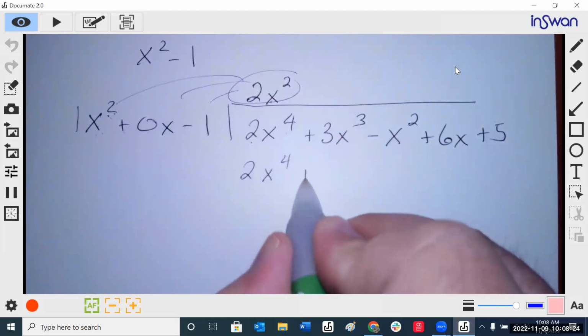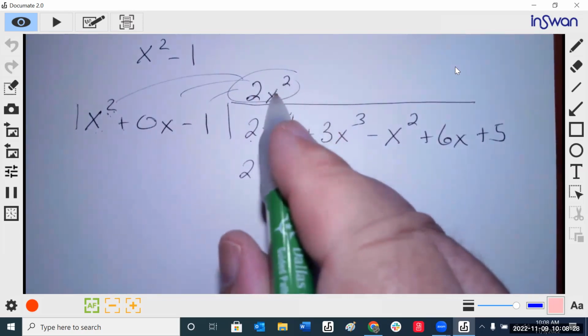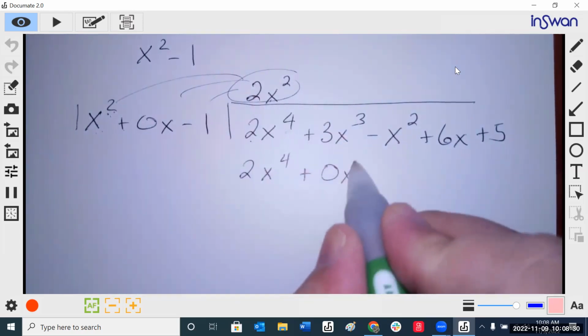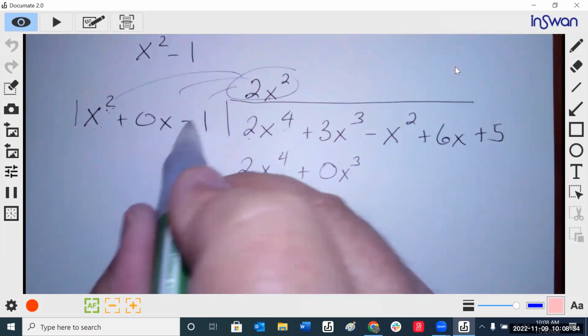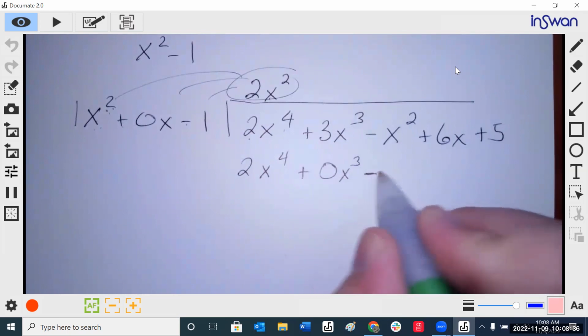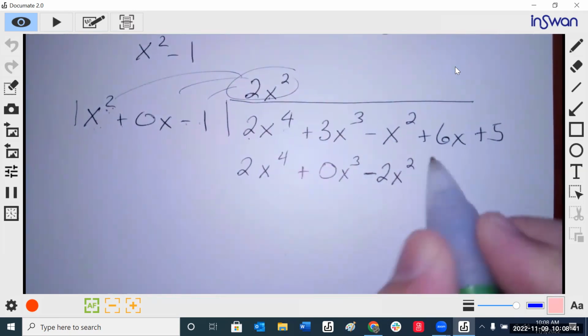Positive is a positive. 2 times 0 is 0. X squared times x is x cubed. Negative times positive is negative. 2 times 1 is 2x squared.